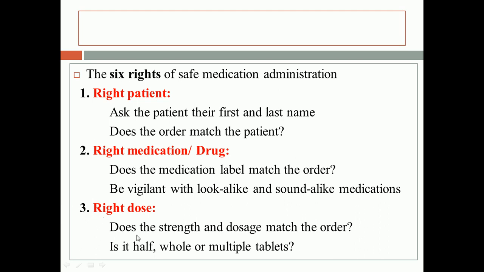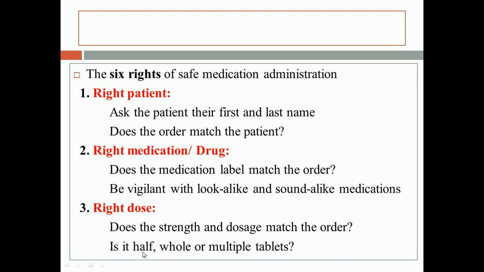Right dose. Dose is very much important. I told you just on the previous slide. So you have to ascertain, you have to make sure that does the strength and dosage match the order? Is it half, whole, or multiple tablets?